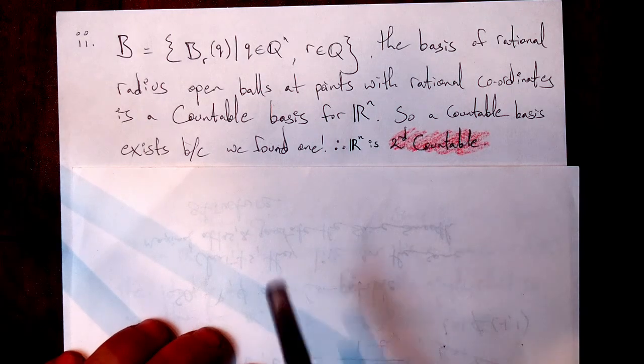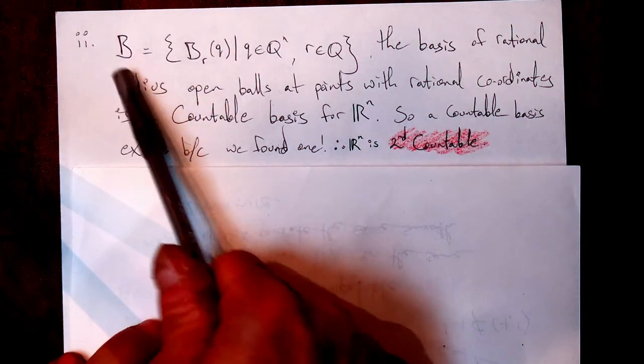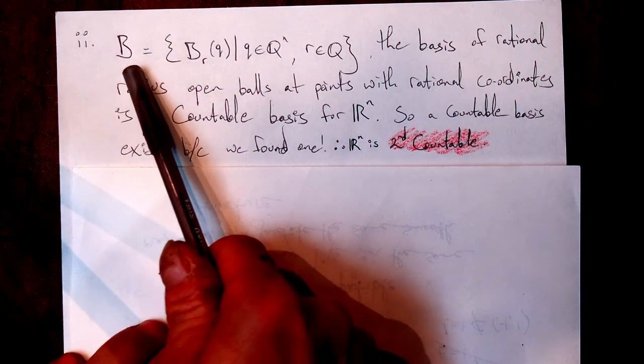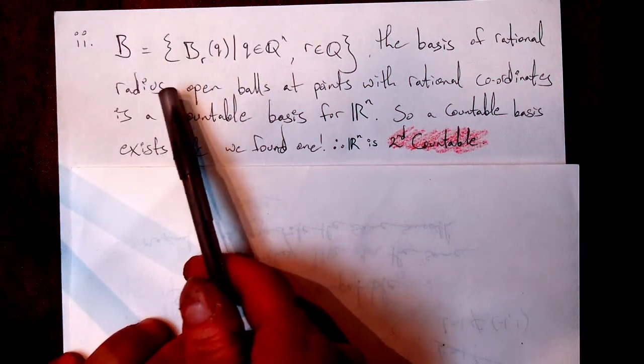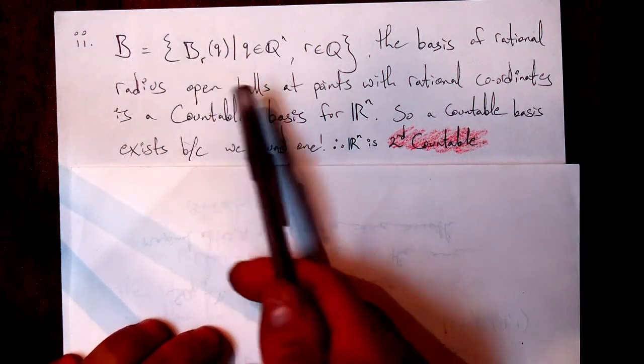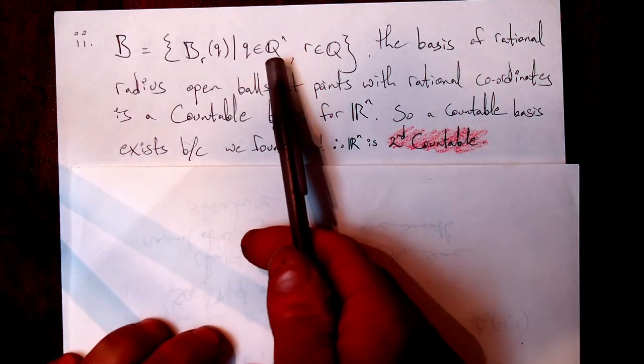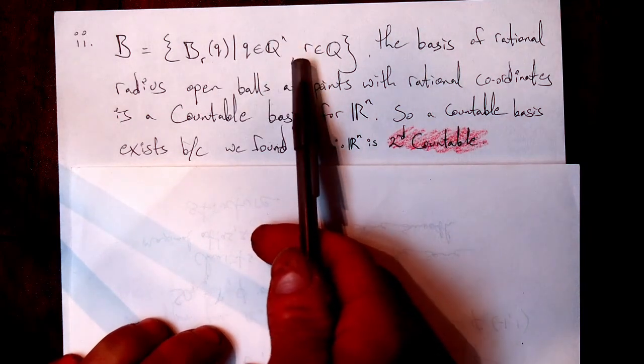So next, let's look at second countability. Consider this basis for the topology of Rn, where it says take all the open balls centered at Q of radius r, and what is Q? Q are n-tuples, right?